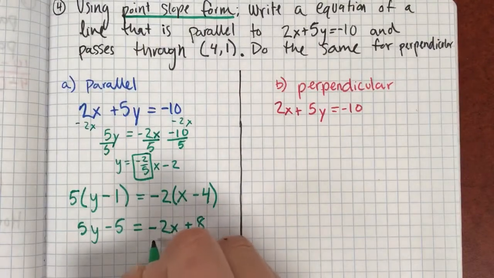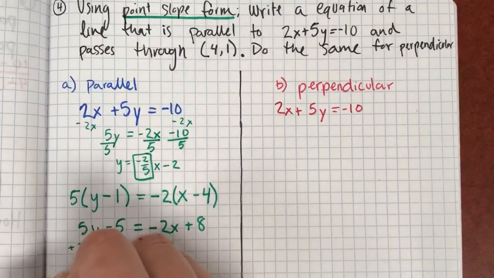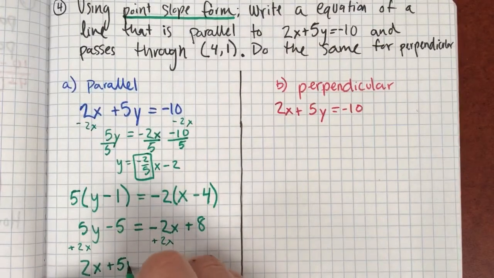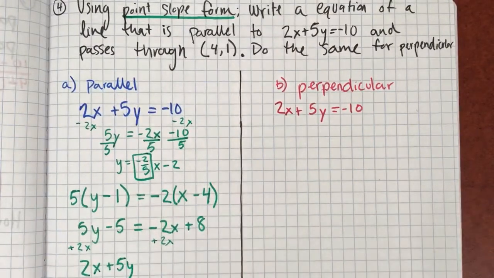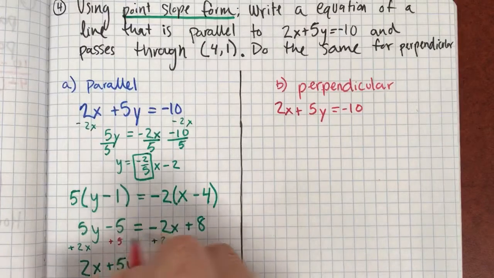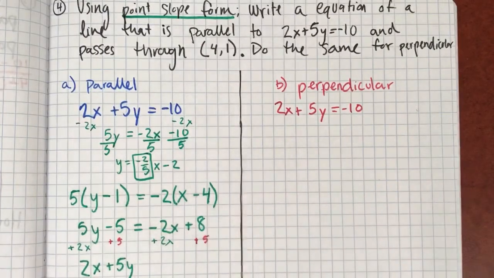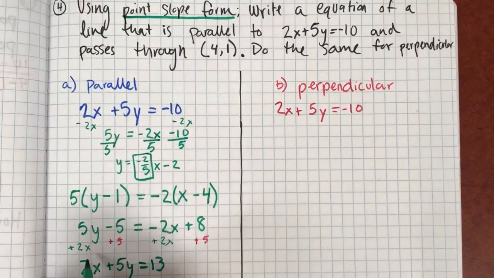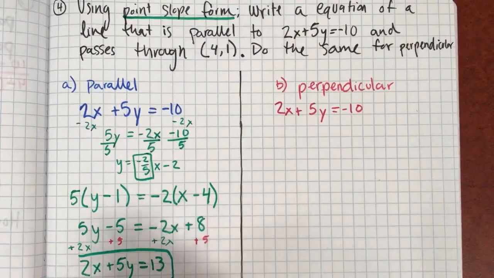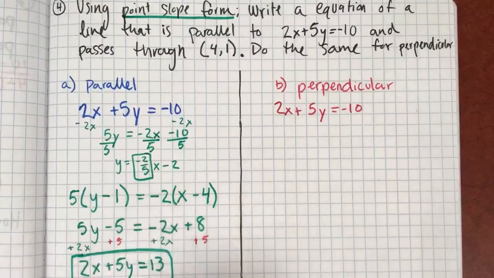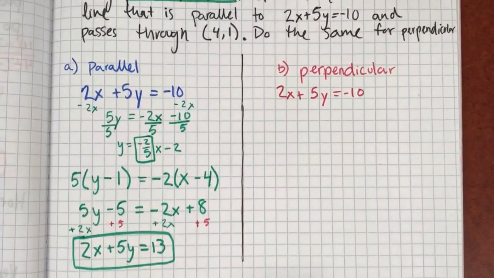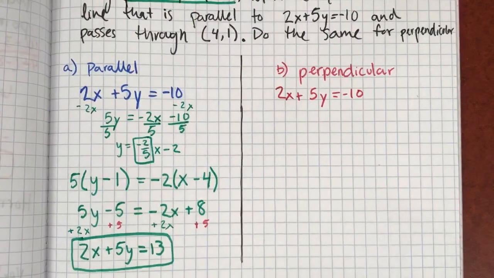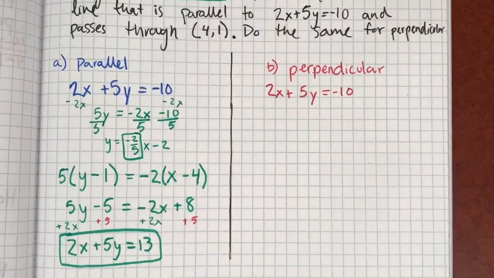So I'm going to add over my 2x. So we've got 2x plus 5y, and then at the same time I'm going to add my 5 over. And this equals 13. So once we find our slope, it's a pretty easy and quick way to find our parallel line.